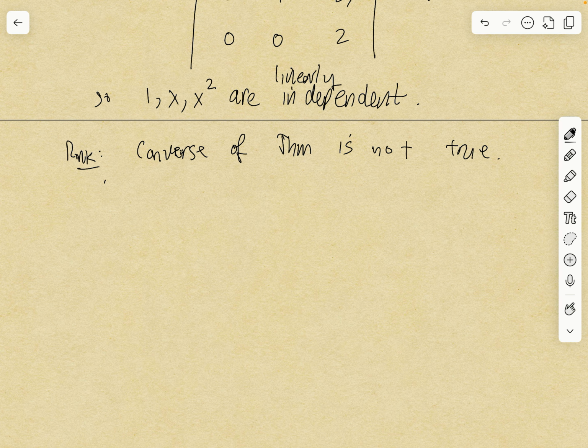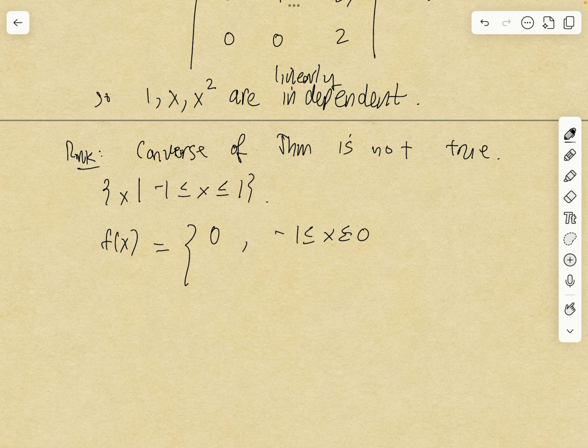But it takes some experimenting and playing around to find a function that works. So for example, you could take the interval from -1 to 1, and consider these two functions: f of x, which is 0 from -1 to 0, and x squared from 0 to 1.